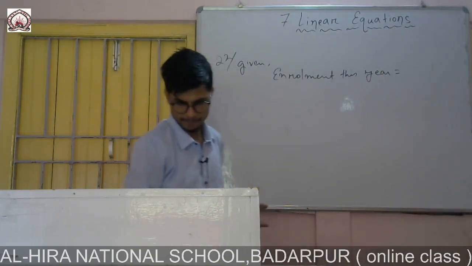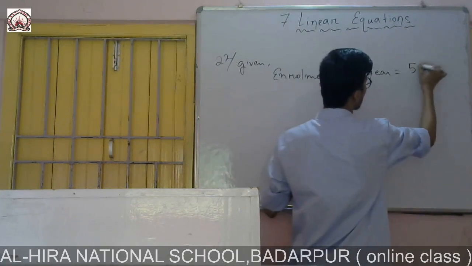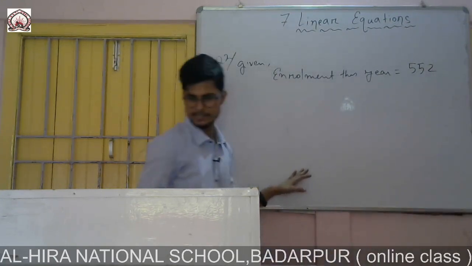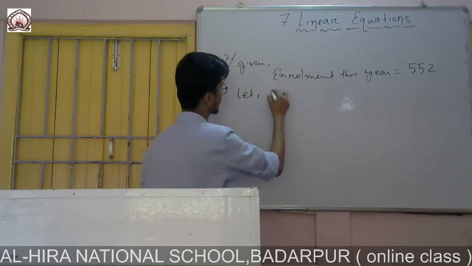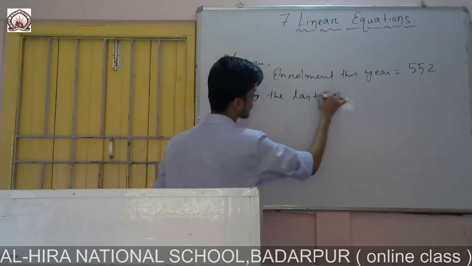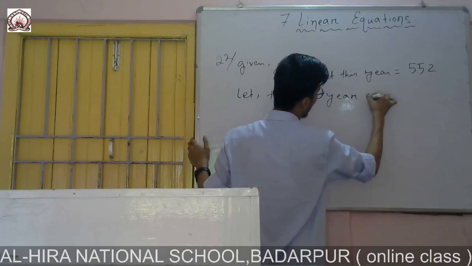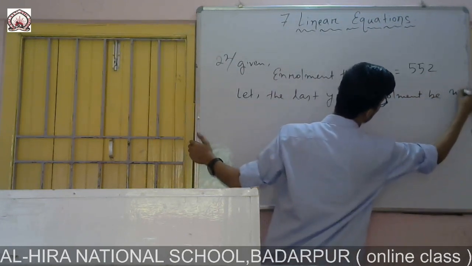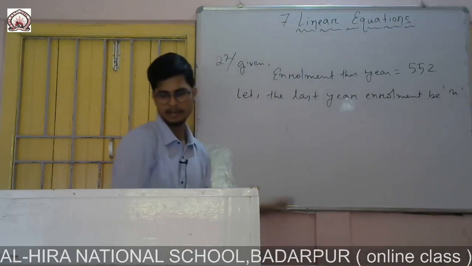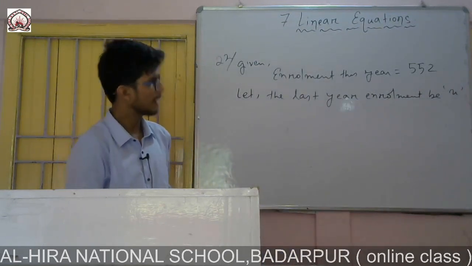It was 552. Enrollment this year is 552. Let the last year enrollment be x. We don't know how many students were enrolled last year, so we let it as x.